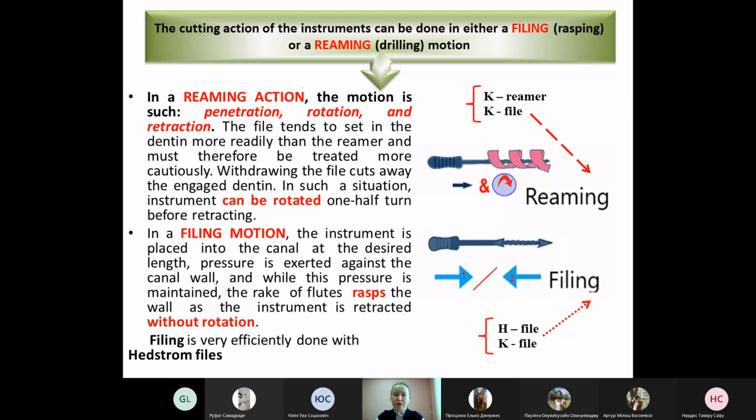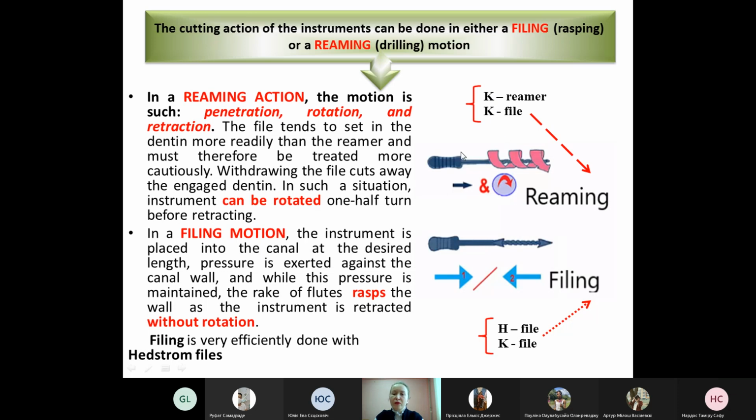In a reaming motion, such is done: penetration, rotation, and retraction. The file tends to set in dentine more readily than the reamer and must therefore be treated more cautiously, because in reaming, K-file and K-reamer can normally work.